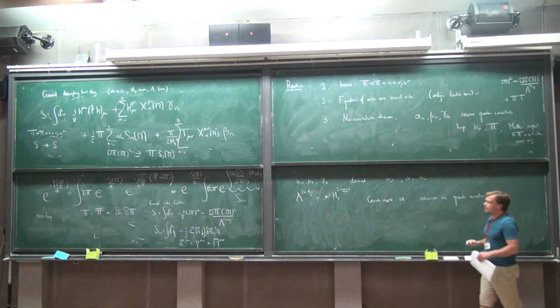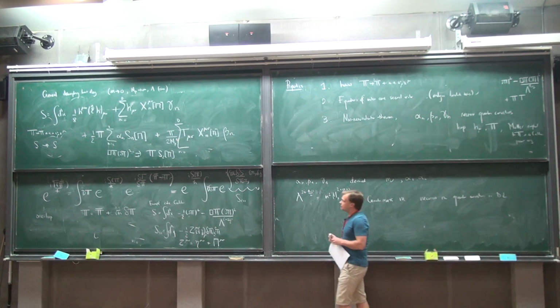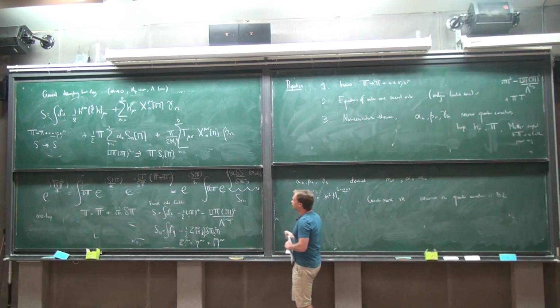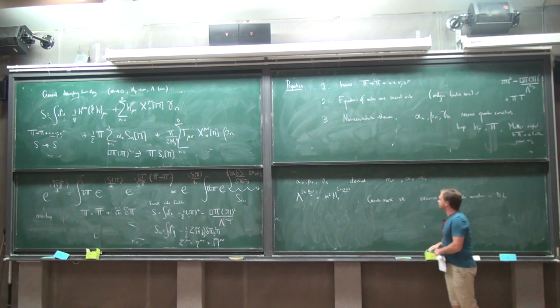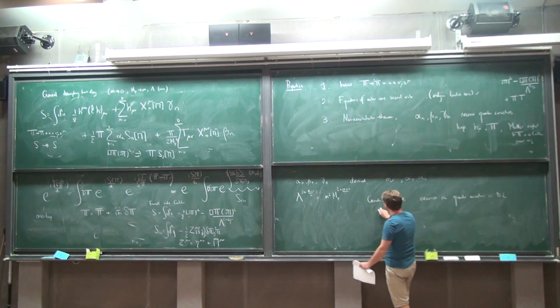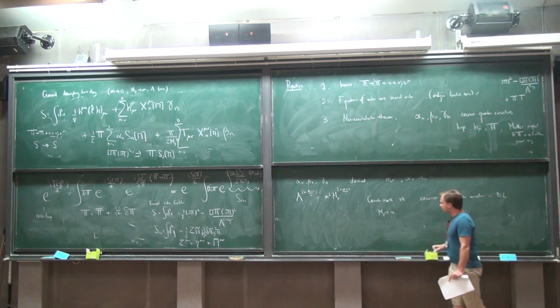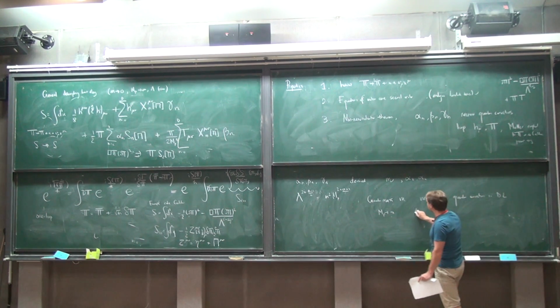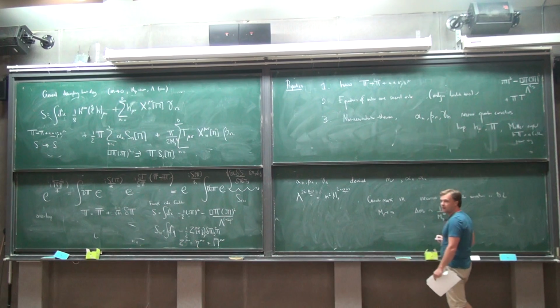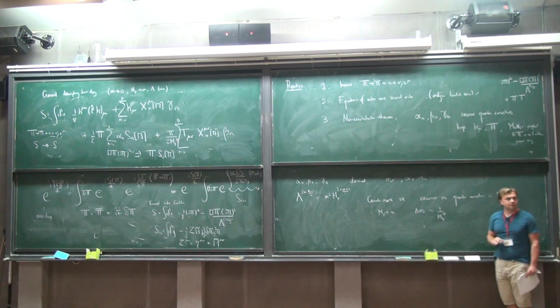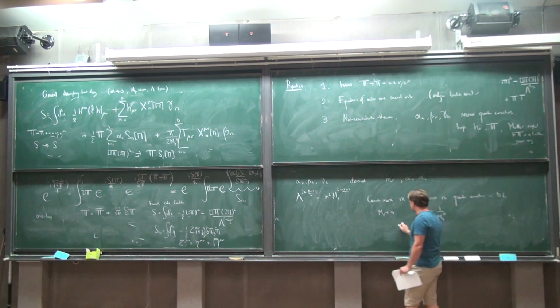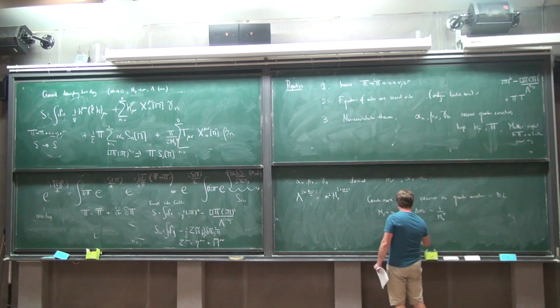Now, this statement is only true in the decoupling limit. It's not true in the full theory. The decoupling limit is derived by taking the limit m Planck goes to infinity. And so what that tells you is that the corrections to the graviton mass must be suppressed by powers of m Planck. And that means that having a small graviton mass is technically natural.